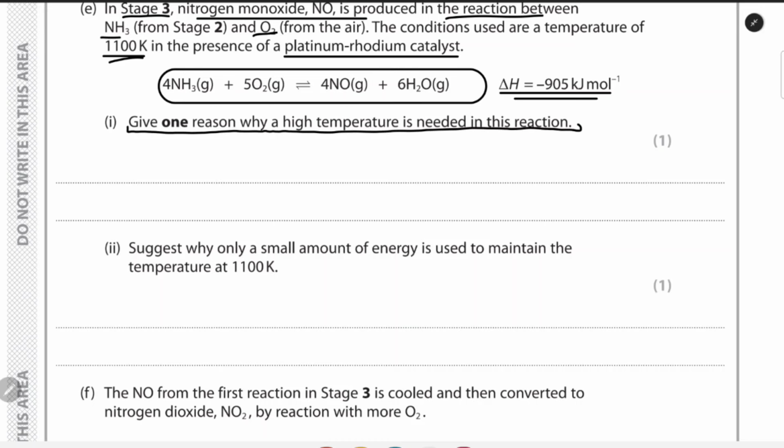So at low temperatures, the collisions between particles do not have sufficient energy to be successful. So we have to increase the temperature so that the rate increases. So the main reason why a high temperature here is needed is to raise the rate.